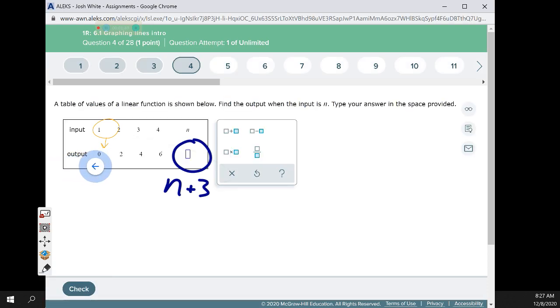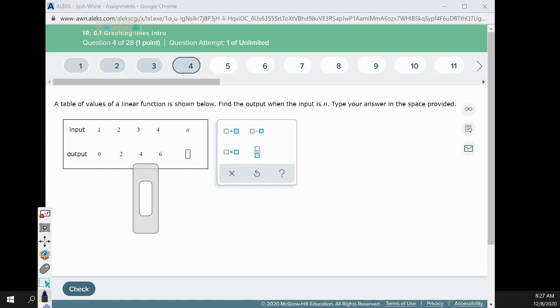Okay, number 4. We plug in a 1 and we get a 0. We plug in a 2, we get a negative 2. 3, we get a negative 4. What's going on here?